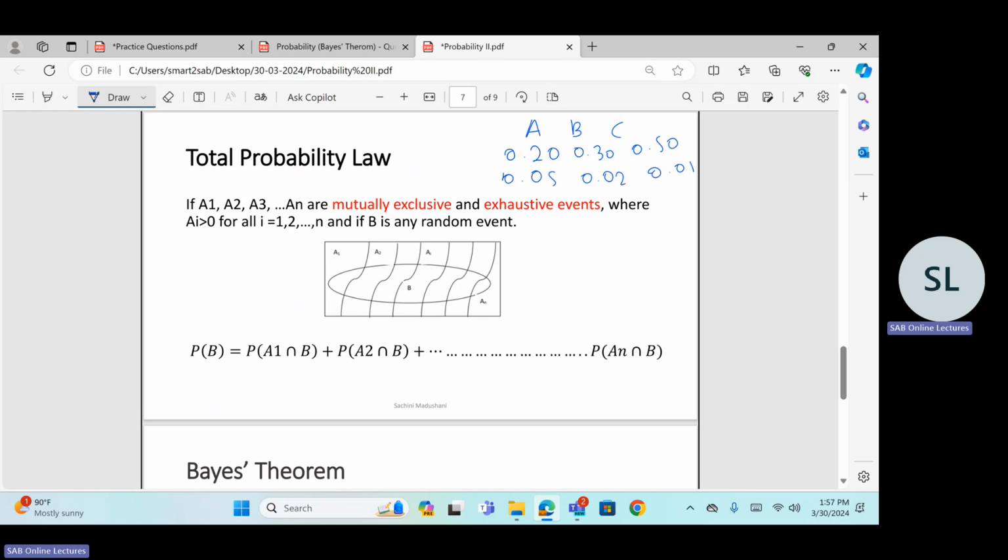When we use the total probability law, there are two conditions. The first one is that these events are mutually exclusive. Now you know the concept of mutually exclusive. What is it?